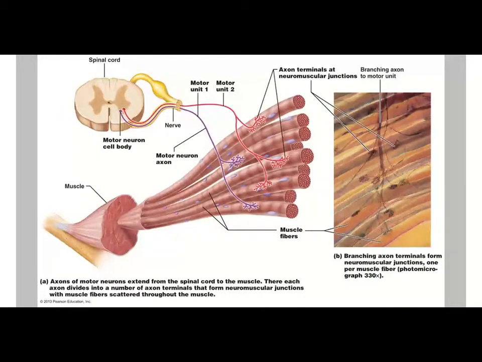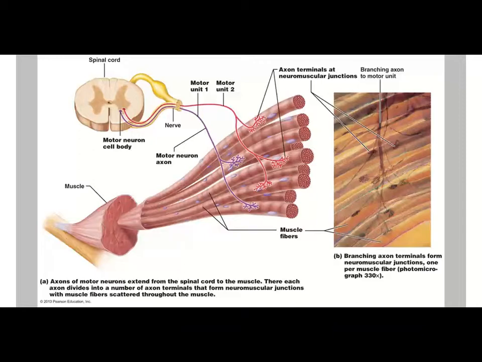Now let's look at some more structural layout, some anatomy of the muscle again, and this will really tie in to our muscle lab. Some of the terms are really going to overlap with lab. What we're talking about here are motor units.